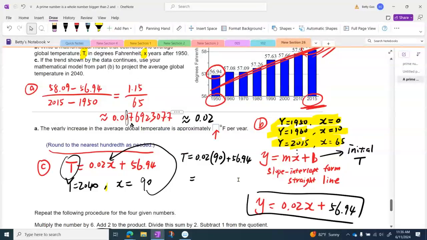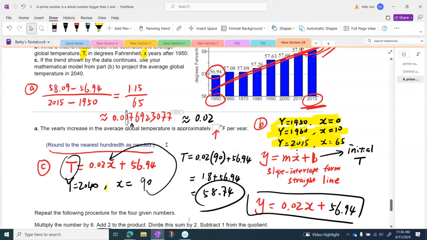I don't have a camera to show my calculator, so I'll just say it verbally. 0.02 times 90 gives us 1.8. 1.8 plus 56.94 gives us 58.74.